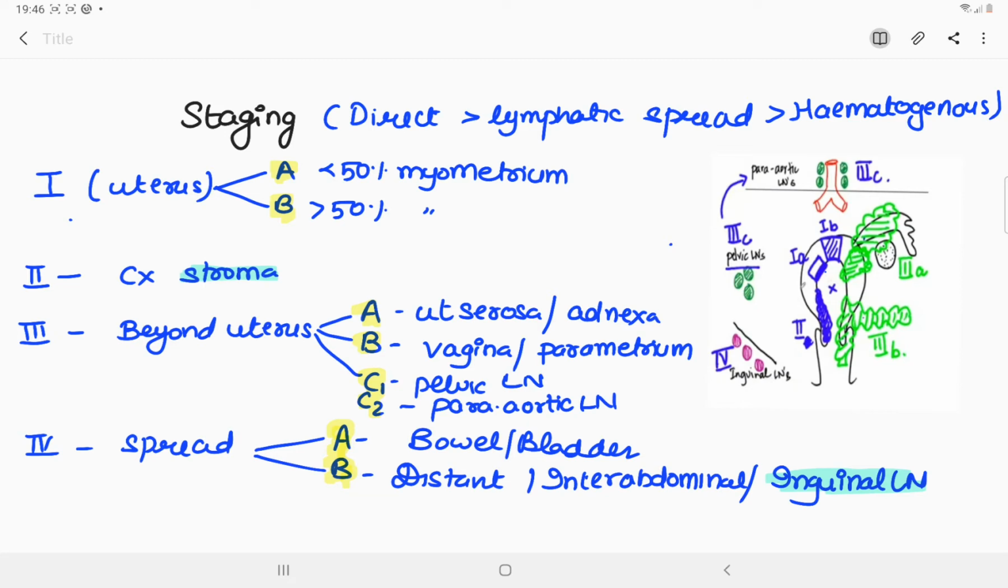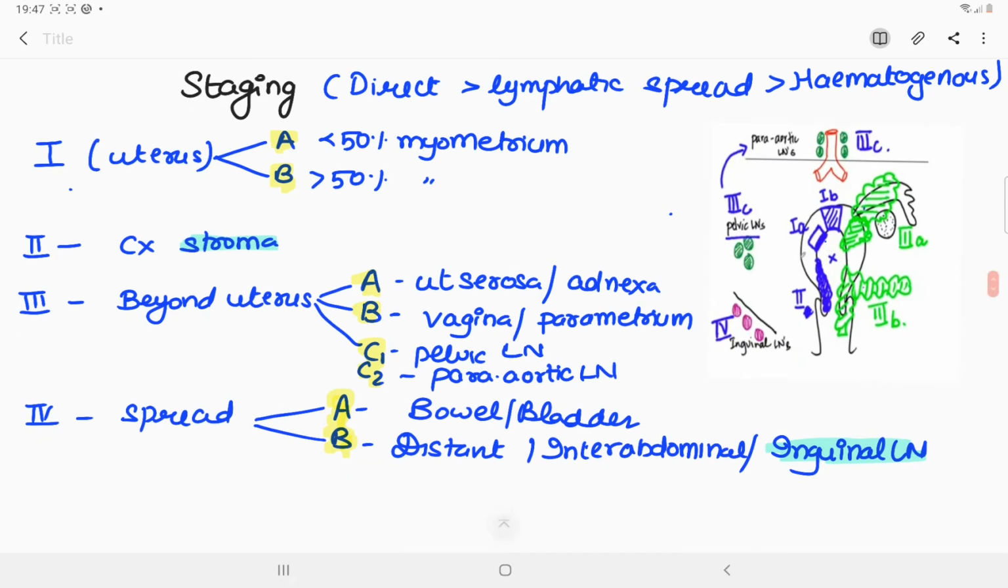Stage 3 is beyond the uterus. 3A is uterine serosa or adnexal involvement. 3B is vagina or parametrium involvement. 3C1 is pelvic lymph node involvement. 3C2 is para-aortic lymph node involvement. 4A is bowel or bladder involvement, and 4B is distant spread, intra-abdominal or involvement of the inguinal lymph node through the round ligament.